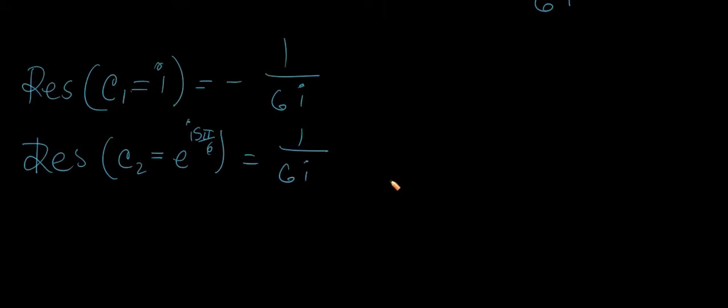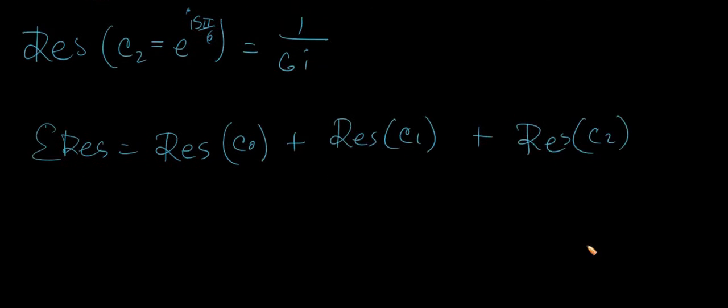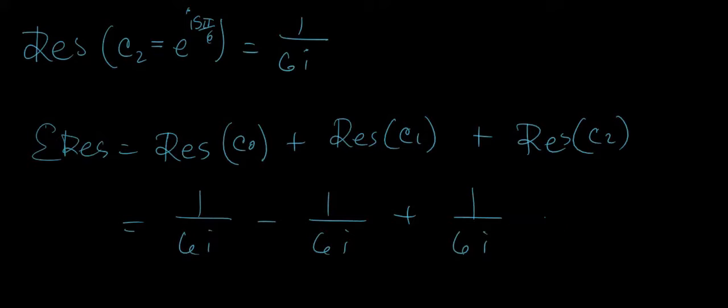And so now what we need to do is find the summation of the residues. So we need to do the sum of the residues, that will include the residue at point C0, the residue at point C1, and the residue at point C2, right? This is pretty straightforward. You just plug in the values, and this is just 1 upon 6i. Alright.